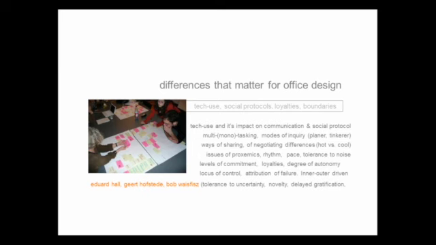You also have issues of locus of control, attribution of failure, inner or outer driven. I don't have time to go into it. Studies by Edward Hall, Geert Hofstede, and also Bob Weisfitz are very useful to try to capture better what I don't have the time to talk about. This question also of tolerance to uncertainty, innovation and novelty, and also what they expect as types of feedback, delayed versus immediate gratification.